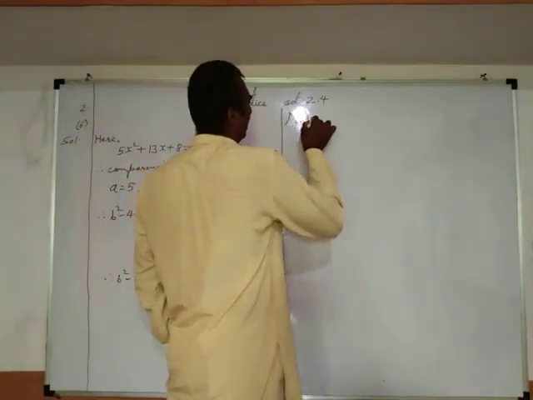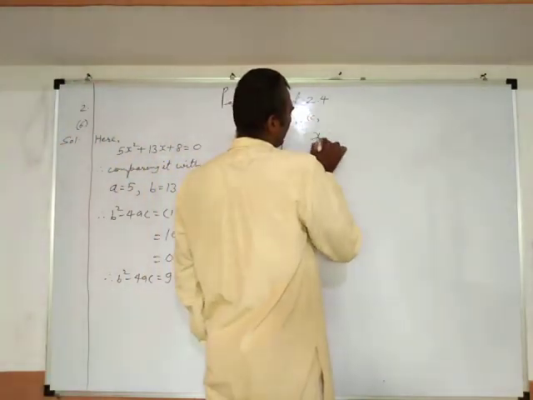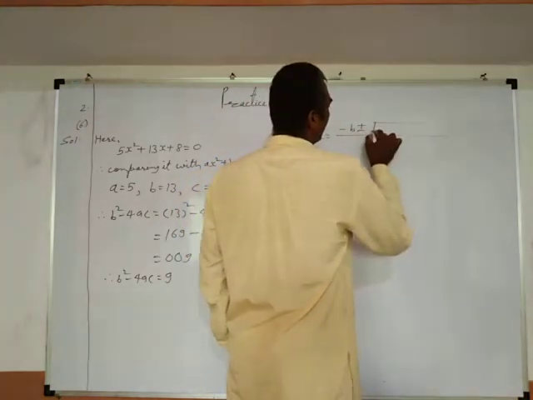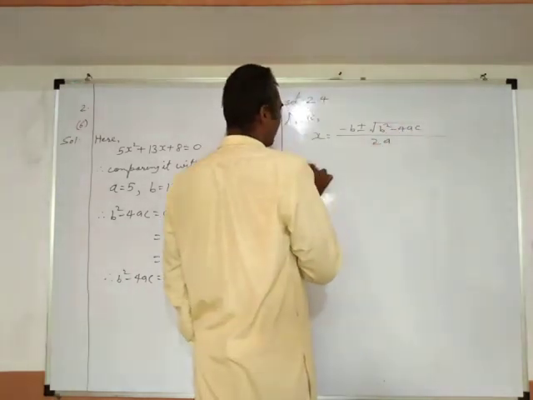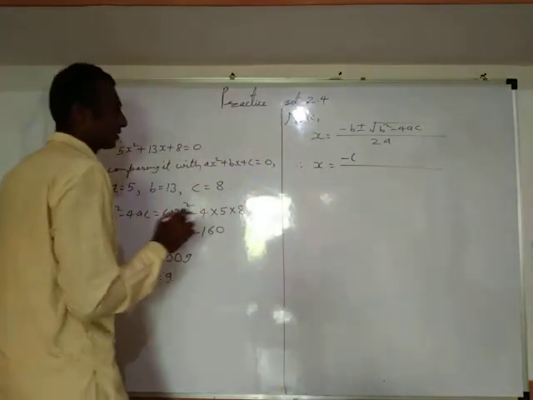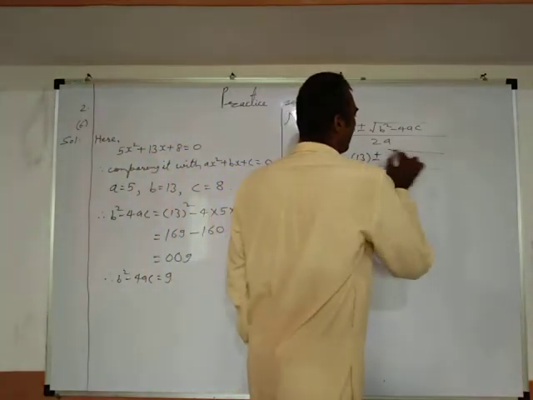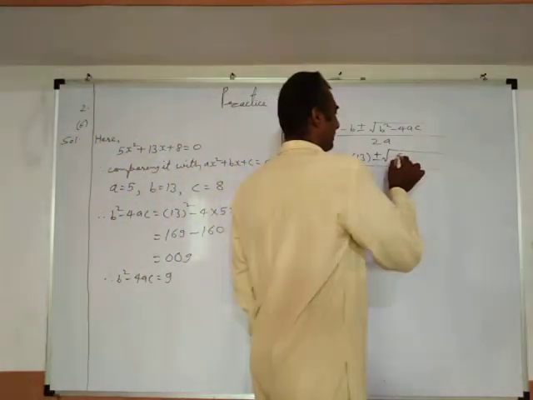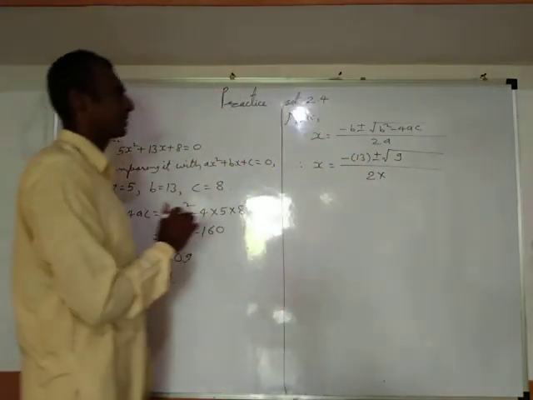Now, as the variable is x, we can write x equals minus b plus or minus under root b square minus 4ac upon 2a. Therefore x equals minus in bracket value of b which is 13 bracket close plus or minus under root value of b square minus 4ac which is 9 upon 2 into a, and value of a is 5.